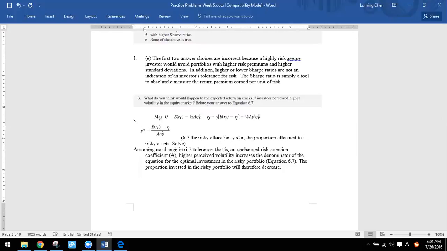We solve the linear optimization, which is the above problem, using Lagrange multiplier.